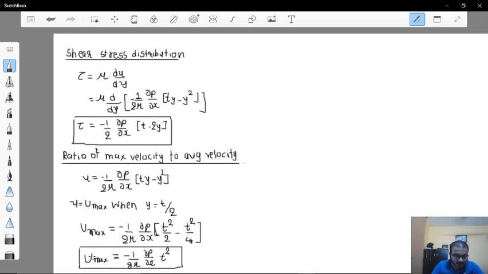Now our focus should be obtaining the average velocity.